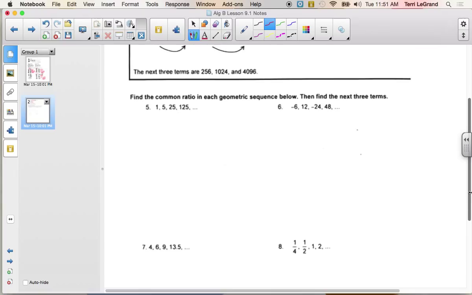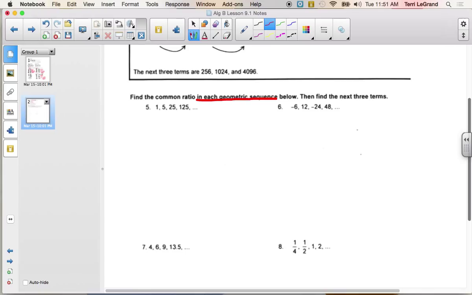Number 5. Find the common ratio in each geometric sequence. In other words, they're telling us it already is. So we can pick any of those terms except the first one and divide by the previous term to get our common ratio. Which ones do you want to use? 1 and 5.